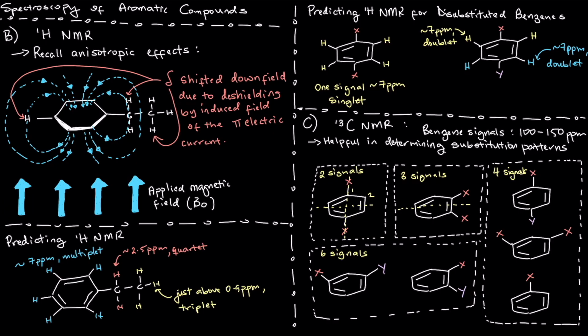In the ortho-substituted case, where the two substituents are identical, there is both an axis and a plane of symmetry that is bisecting the two substituents, which means that there are only three unique carbons on that ring, and so three unique carbon signals will be on that C-13 NMR. In the examples where you have four signals, what I have done is to draw out both the axis and the plane of symmetry that you can use to determine the number of unique carbons in your C-13 NMR.